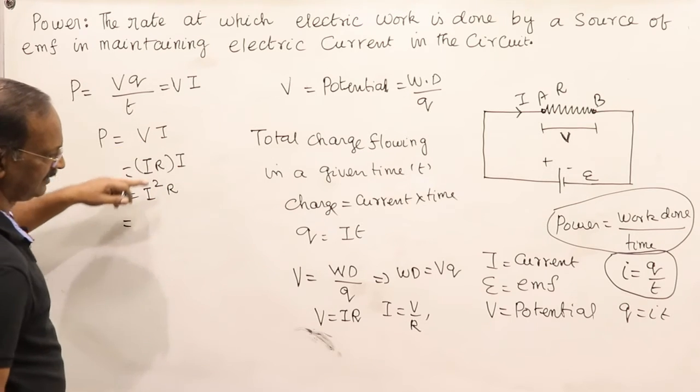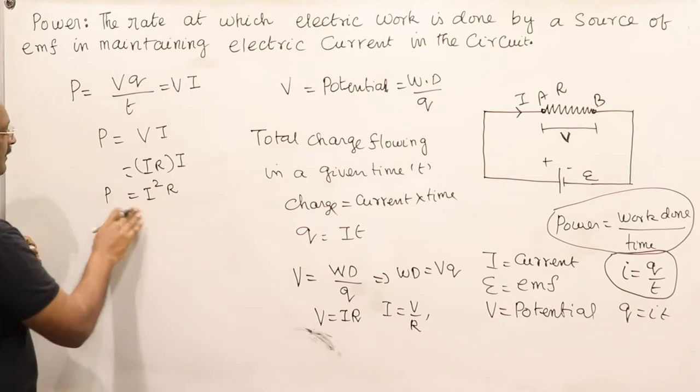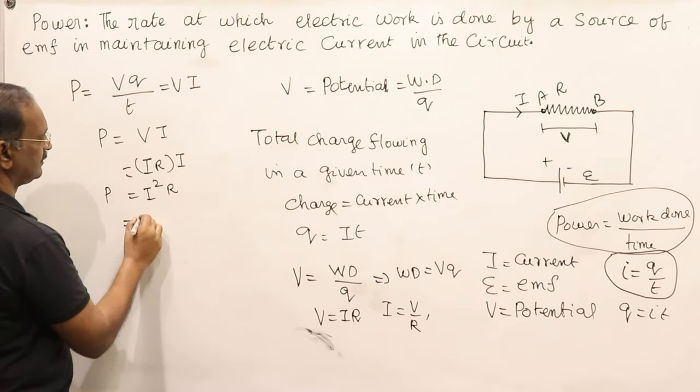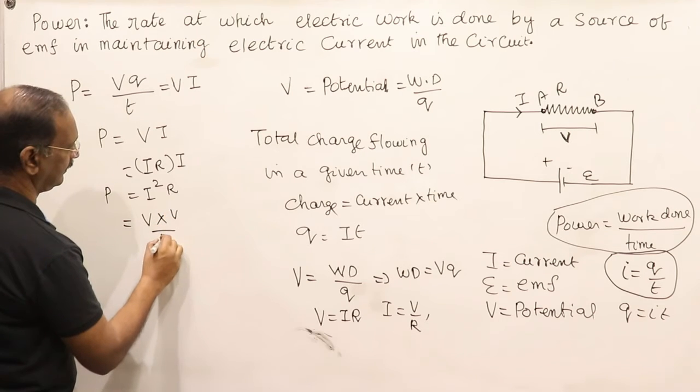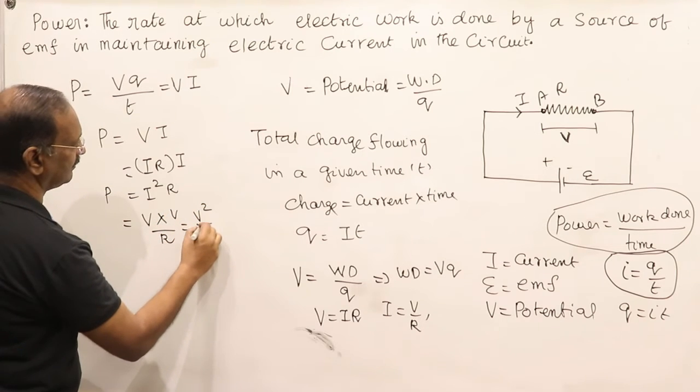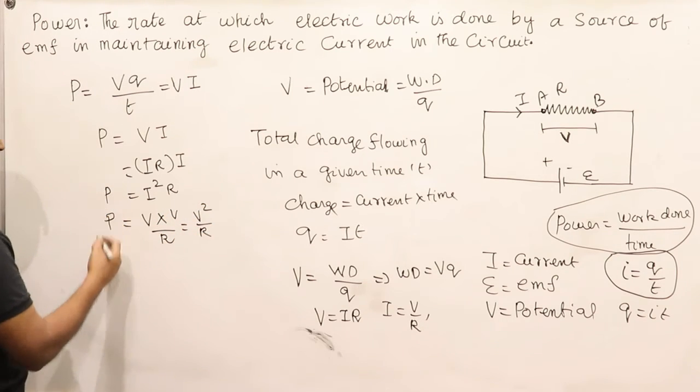Replacing I by V by R, we get V square by R. This is also another expression for power.